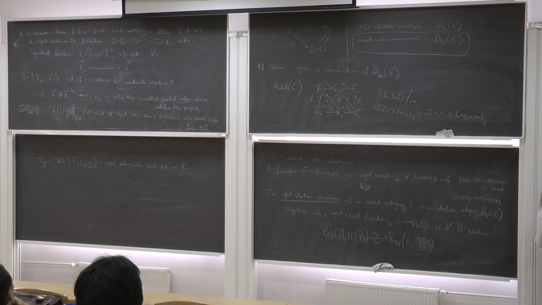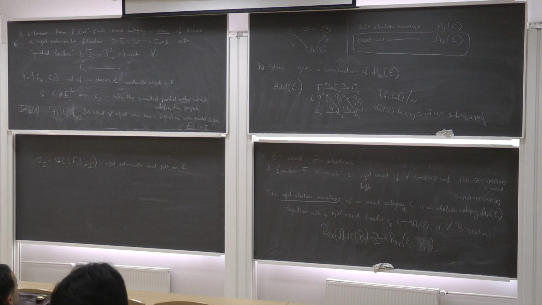So the exact envelope of E is this Adelman category of E when you mod out S. So S is the Serre subcategory whose objects are as follows.